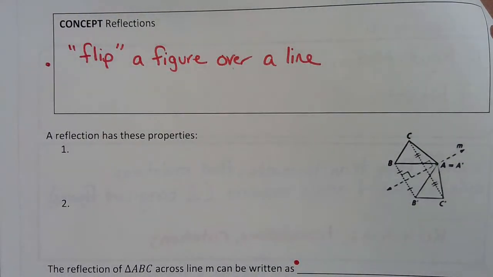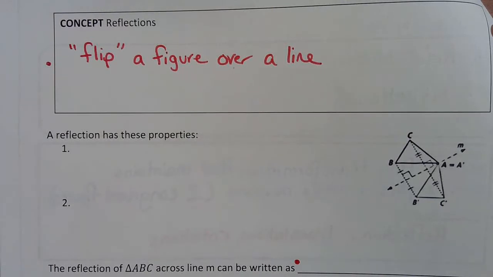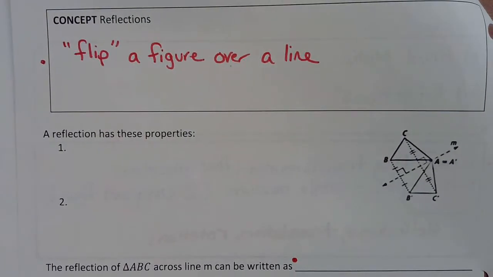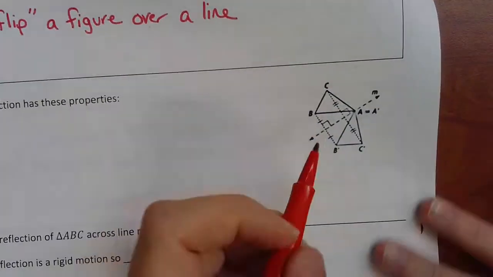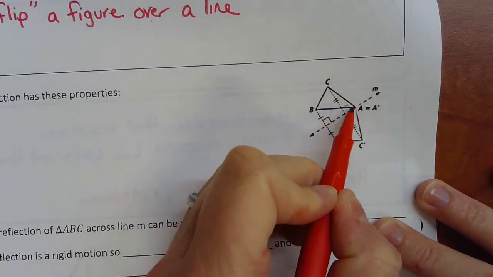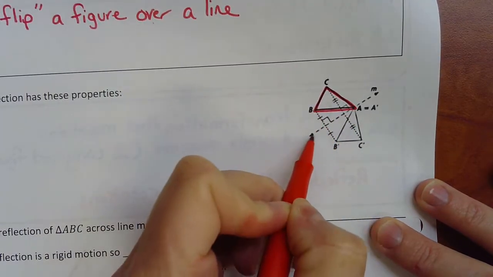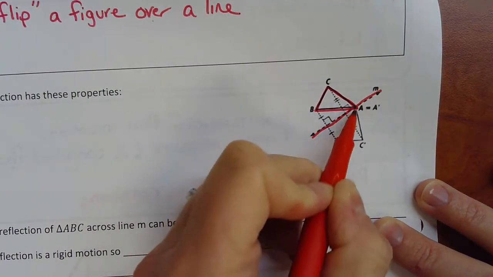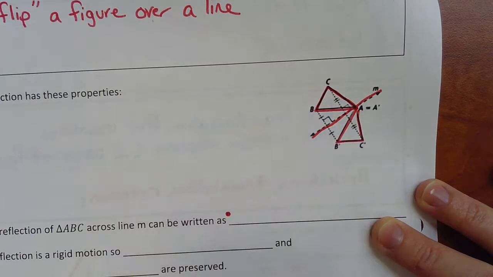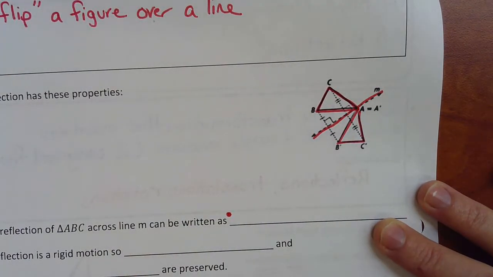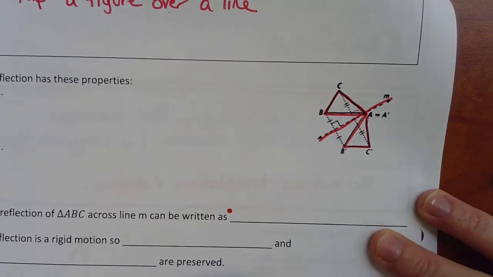We are going to be taking a look at reflections in terms of their coordinates on a coordinate plane. This is an example of a reflection right here. We start out with this triangle ABC, and then we reflect it over this line, and it pops up over here. So reflections, they are congruent figures.